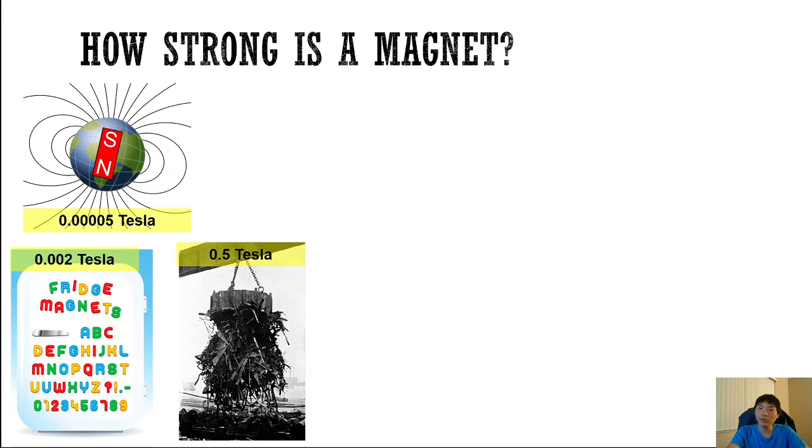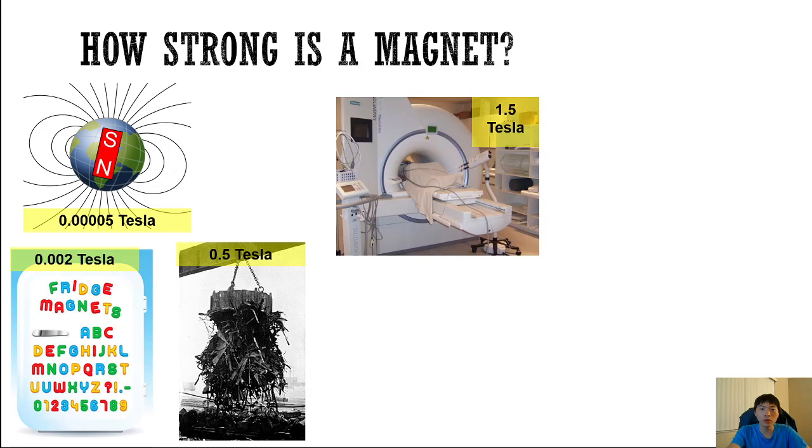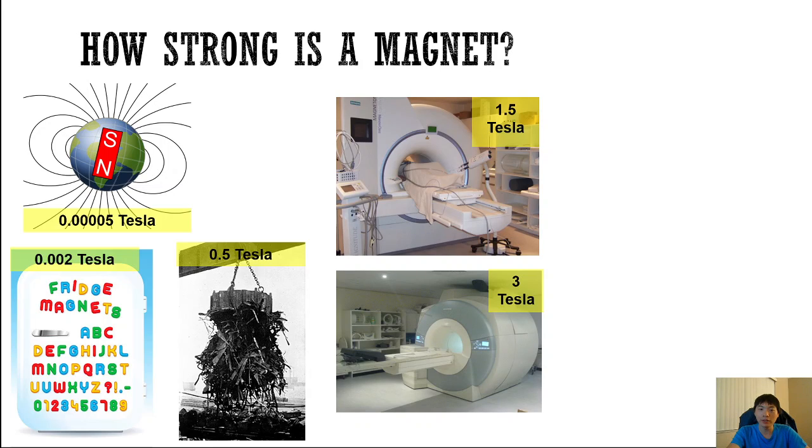So how strong do you think clinical magnets are? I see 1 Tesla, 1.5, 3 Tesla, 5 Tesla. Yeah, that's pretty close. The most common magnetic field strengths for clinical MRI scanners are 1.5 Tesla and 3 Tesla.